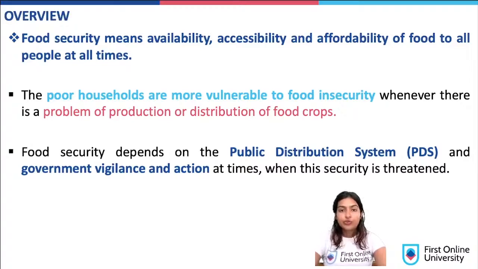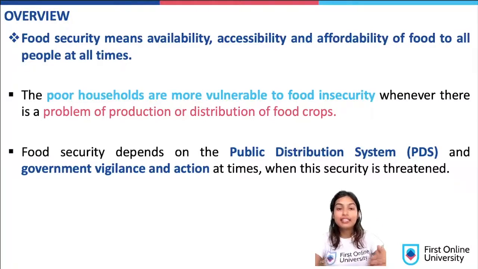The brief overview. What exactly is food security? It is the 3 A's, right? The first A is availability, the second A is accessibility, and the third A is affordability of all kinds of food to all people at all times.